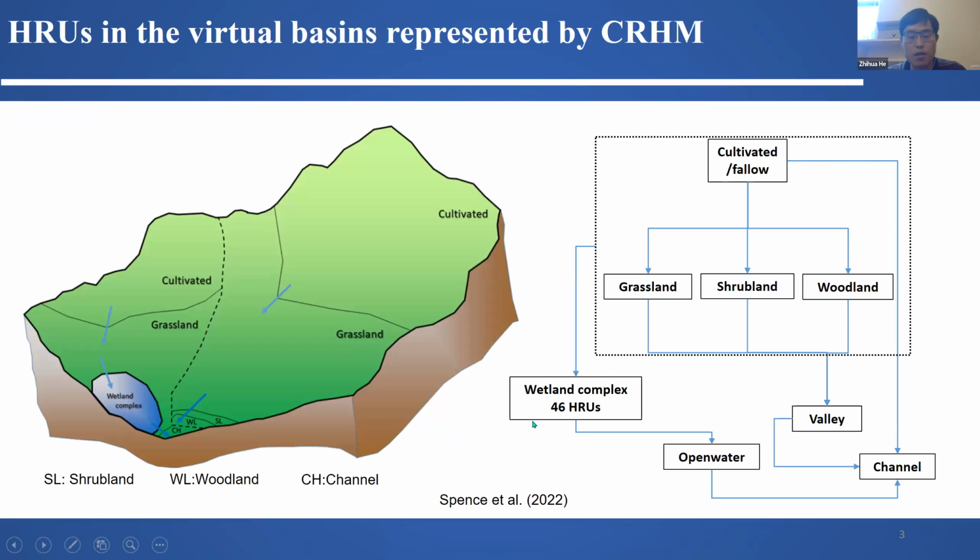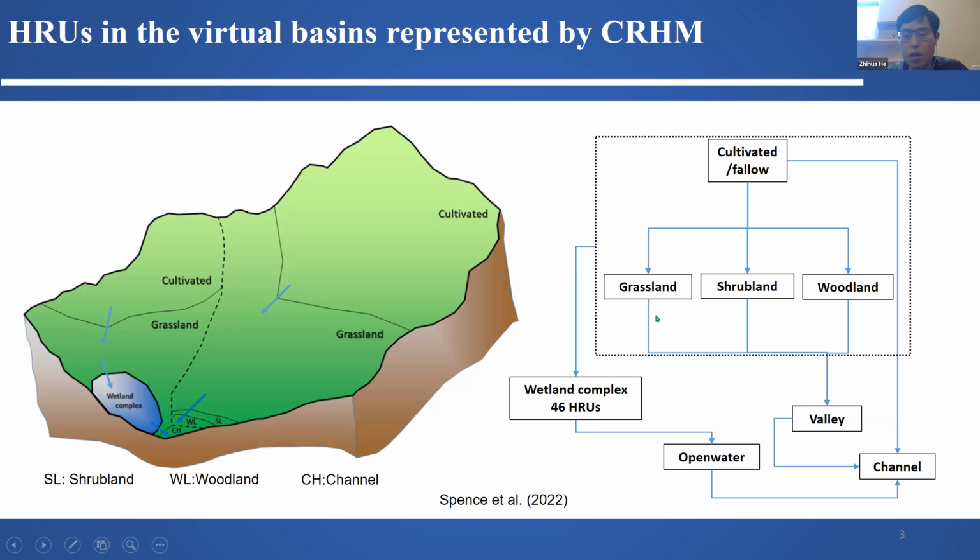This figure shows the concept of the virtual basin modeling approach. We are using the common land cover types in the prairies, including cultivated cropland, grassland, and wetland, as the HRUs to represent the land covers in the model.